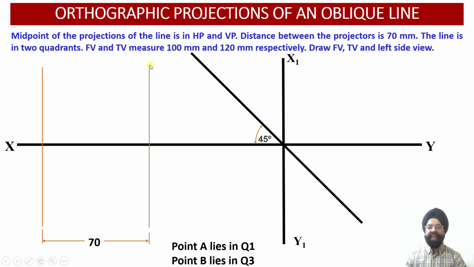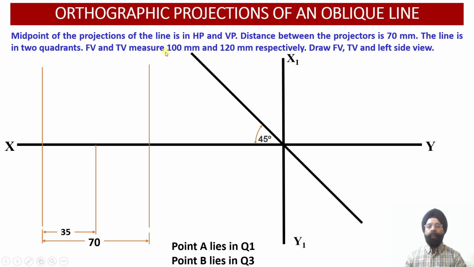Whereas in the second end projector, we have the point B of the line lying in the third quadrant. So the front view B dash will be lying below the XY reference line, and the top view projection corresponding to the end B of the line will be lying above the XY reference line.